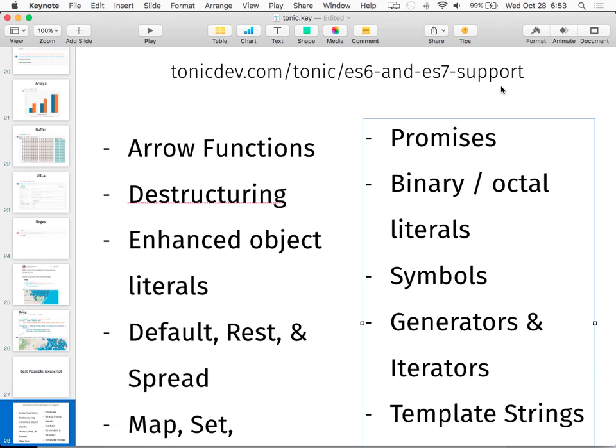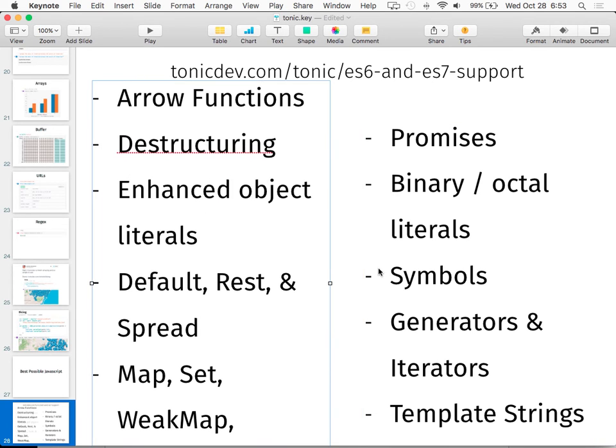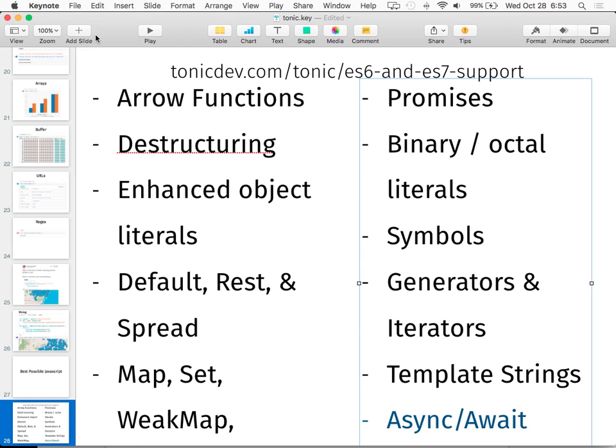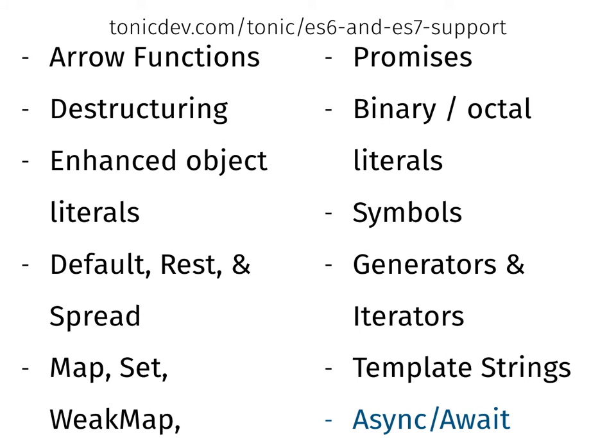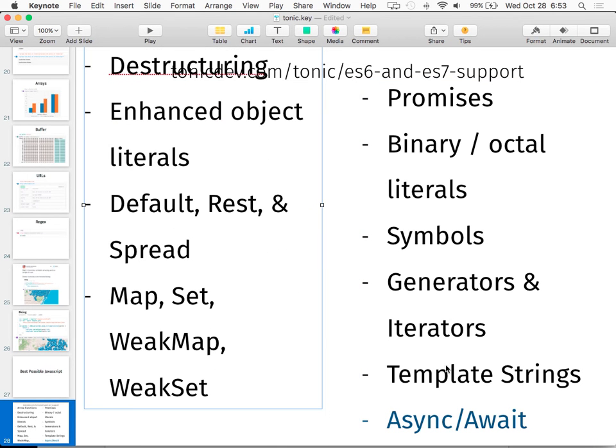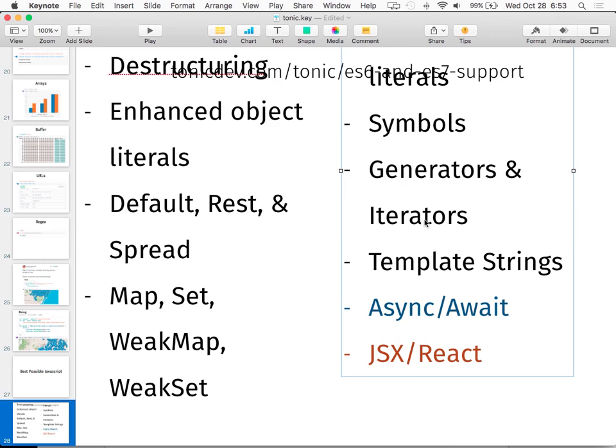But in terms of what we support, what do you think we should support? What a modern Node environment should support. Of course, modern Node with all the goodness of Babel. So arrow functions, destructuring, blah, blah, blah. I'm not going to read this list to you. You can see it's a lot. But the things in blue and red are the things I want to mention tonight.